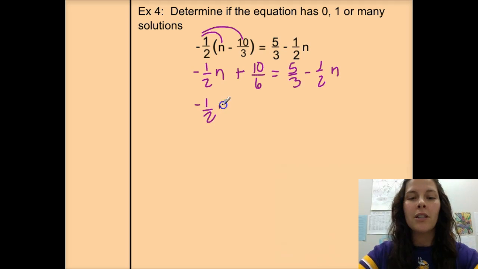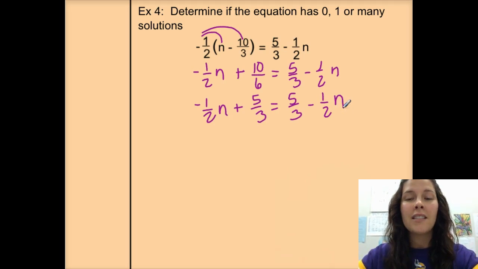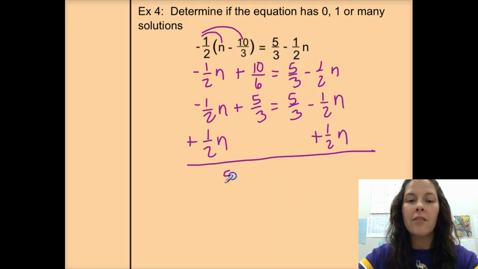They are both divisible by 2, so I get 5/3 equals 5/3 minus 1/2 n. Again, instead of canceling my fractions, I notice that they have exactly the same coefficient. So I'm going to add my 1/2 n to both sides. This leaves me with 5/3 on the left-hand side equals 5/3 on the right-hand side. Because 5/3 does equal 5/3, this has many solutions.